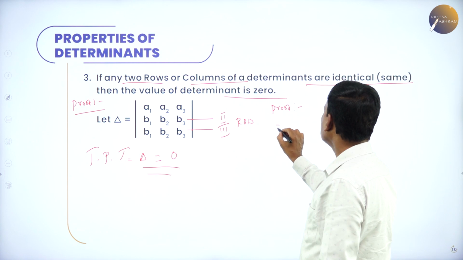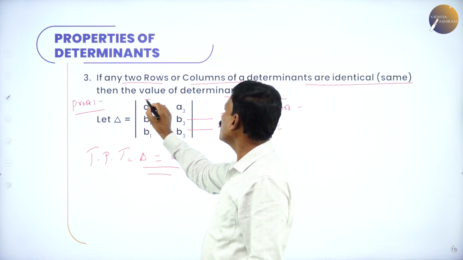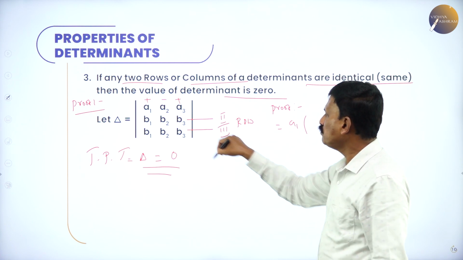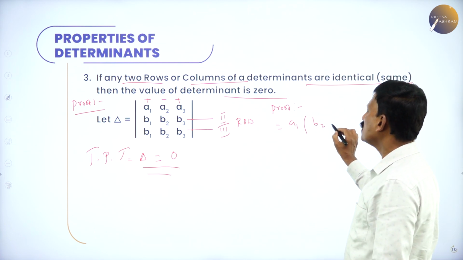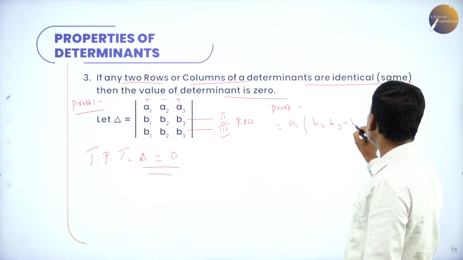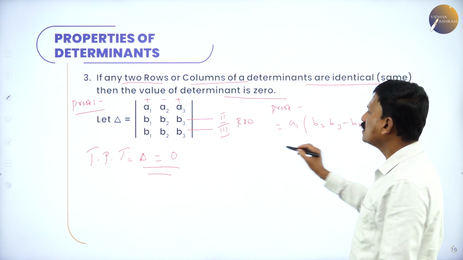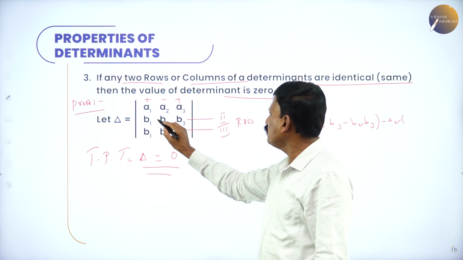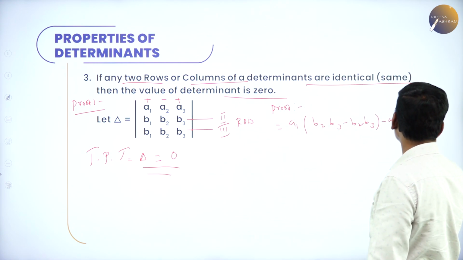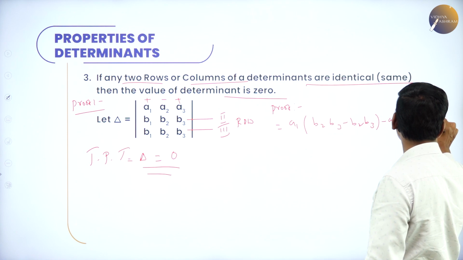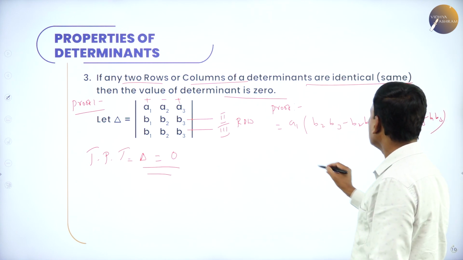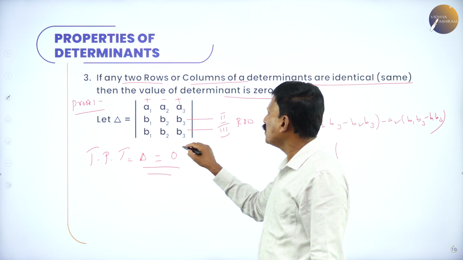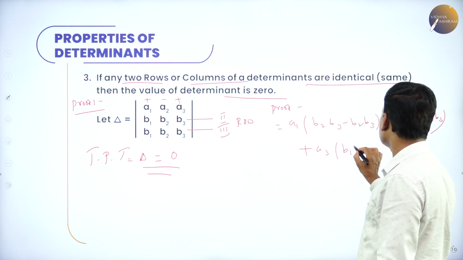LHS: delta is equal to, expand this, plus, minus and plus. A1 into B2 B3 minus B2 B3, minus A2 into B1 B3 minus B1 B3, plus A3 into B1 B2 minus B1 B2.